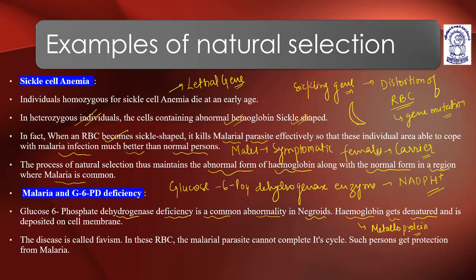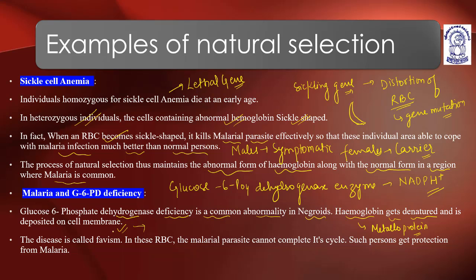The ATPs, the energy carriers, will not be produced, and that is why the hemoglobin gets denatured and is deposited on the cell membrane. So the deposition of hemoglobin in the cell membrane basically acts as a survival advantage for the person suffering from malaria.